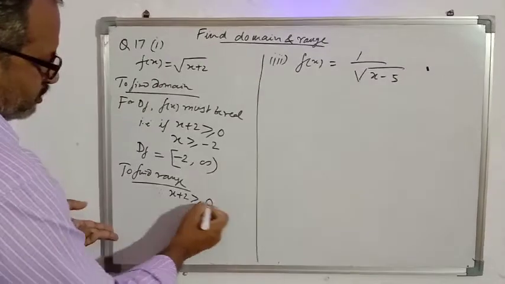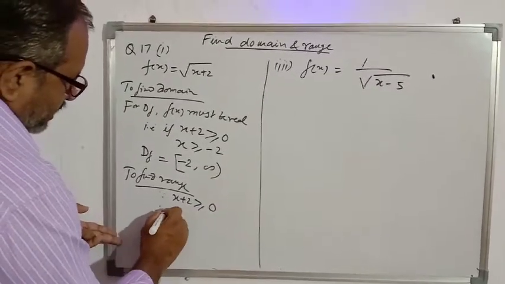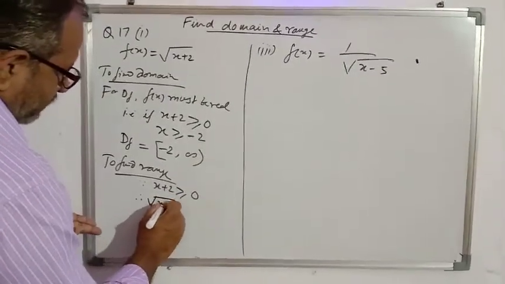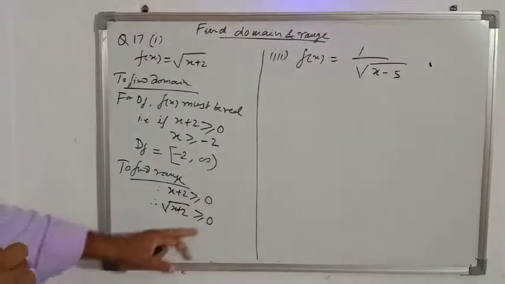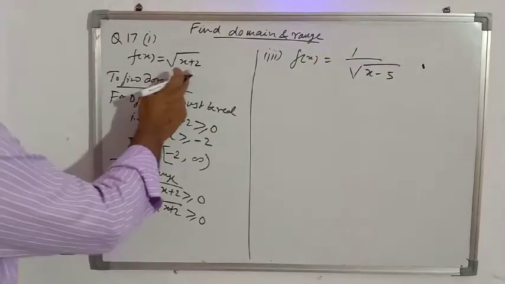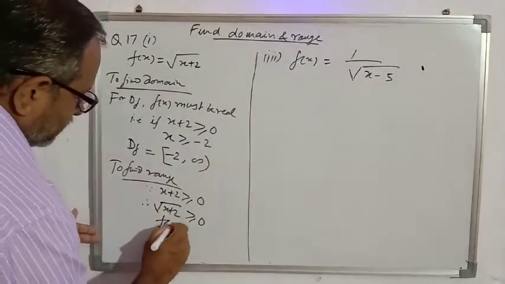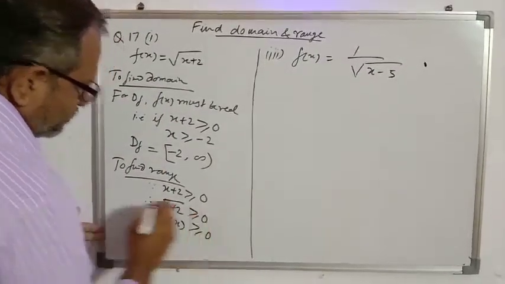So if x plus 2 is greater than or equal to 0, therefore the square root of x plus 2 will also be greater than or equal to 0. Root x plus 2 is f(x), so f(x) is greater than or equal to 0.